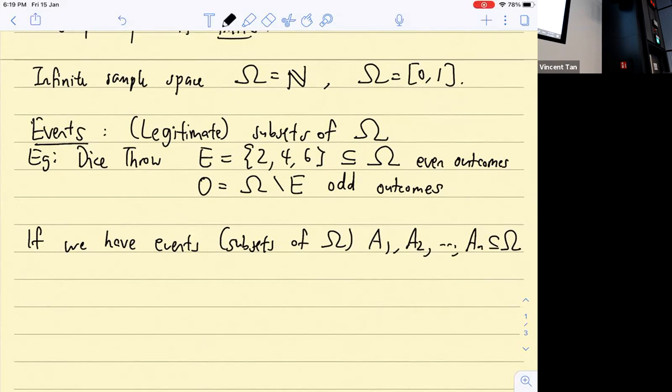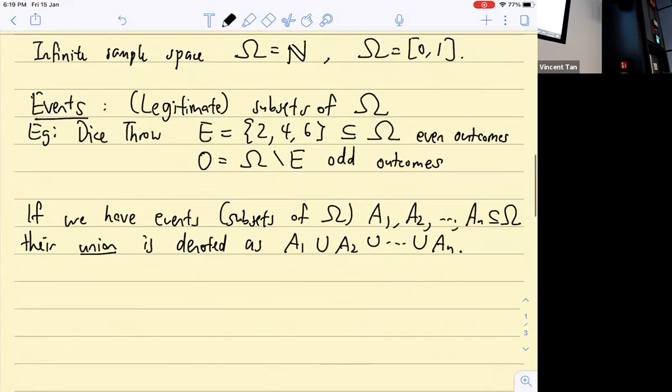If we have all these events, their union is denoted as A1 union A2 union ... union AN. Union is the set in which you have all the elements in any of the AIs. Sometimes, if we are lazy, we also write this as the union from i equals 1 to n of AI.